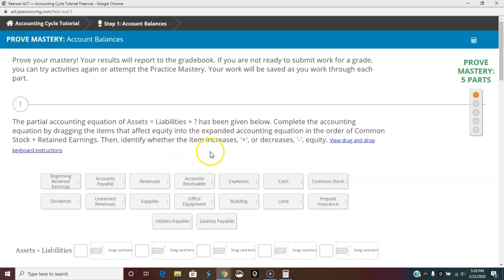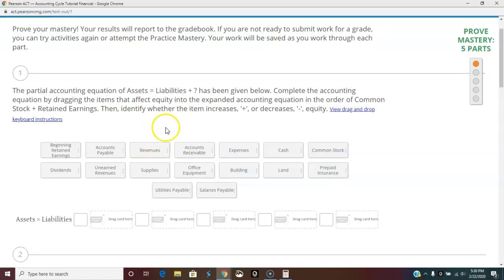Partial accounting equation has been given below. Complete it by dragging the items that would affect equity into the expanded accounting equation. This is just like the one we just did. Identify whether it increases or decreases.